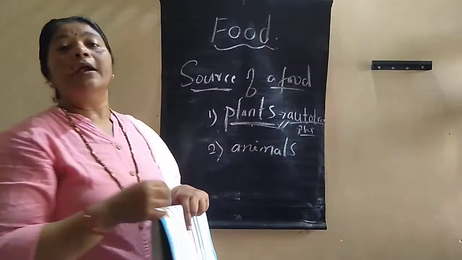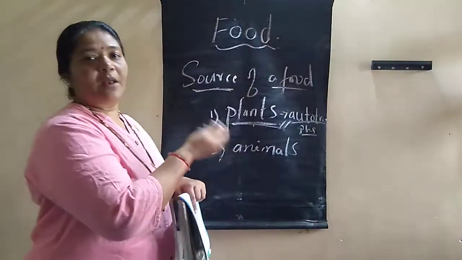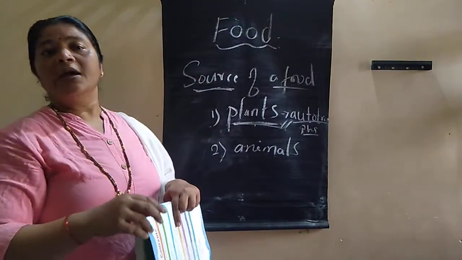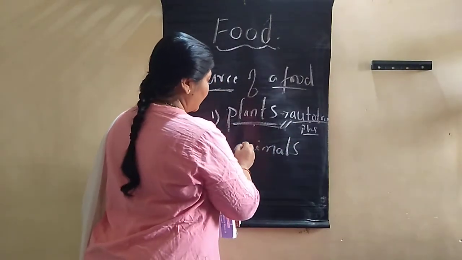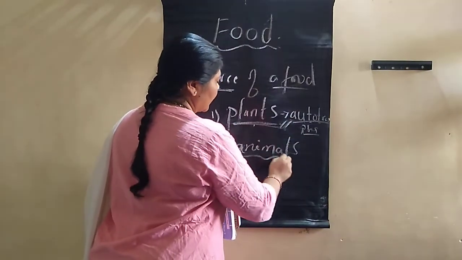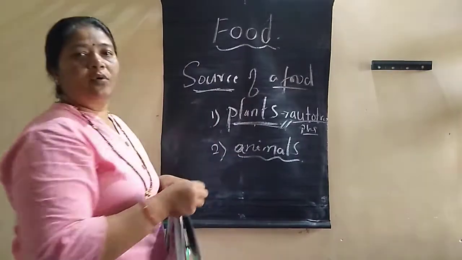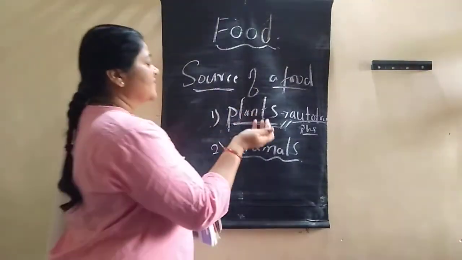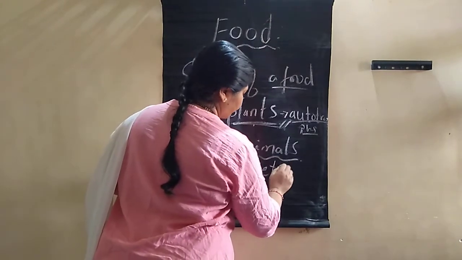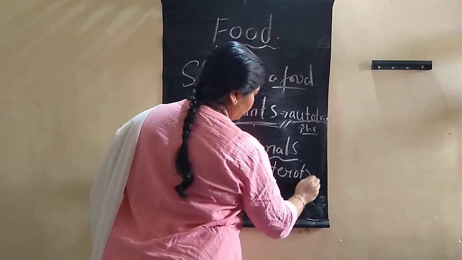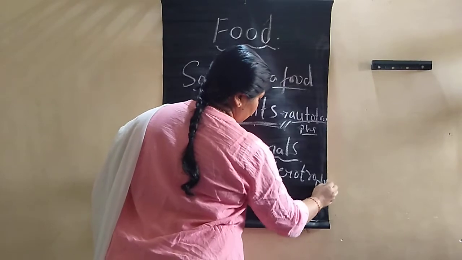They do not depend on others. We depend on the plants, but plants do not depend on any other things. So they are called autotrophs.